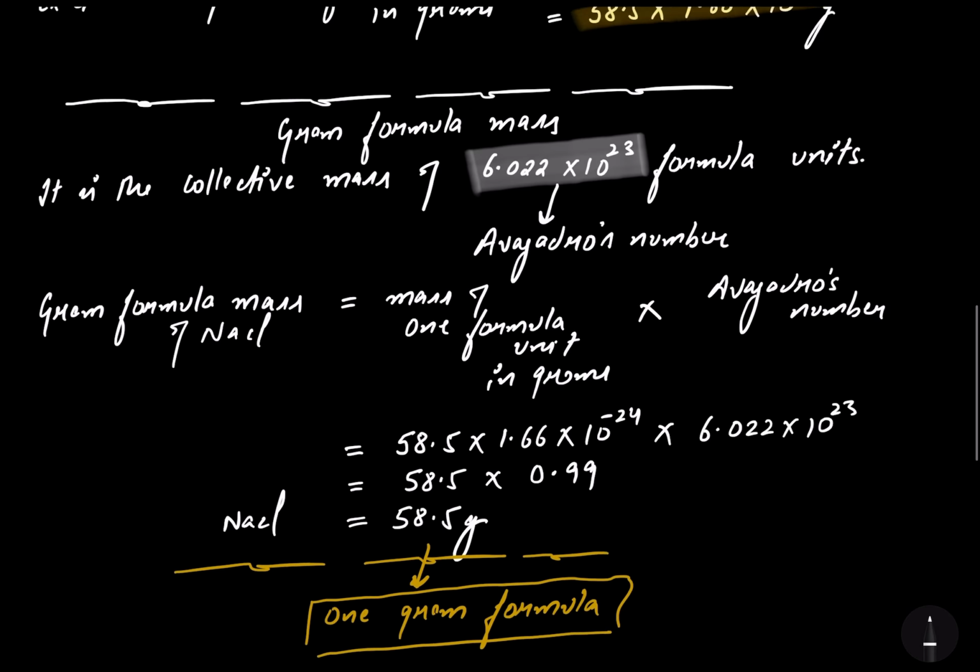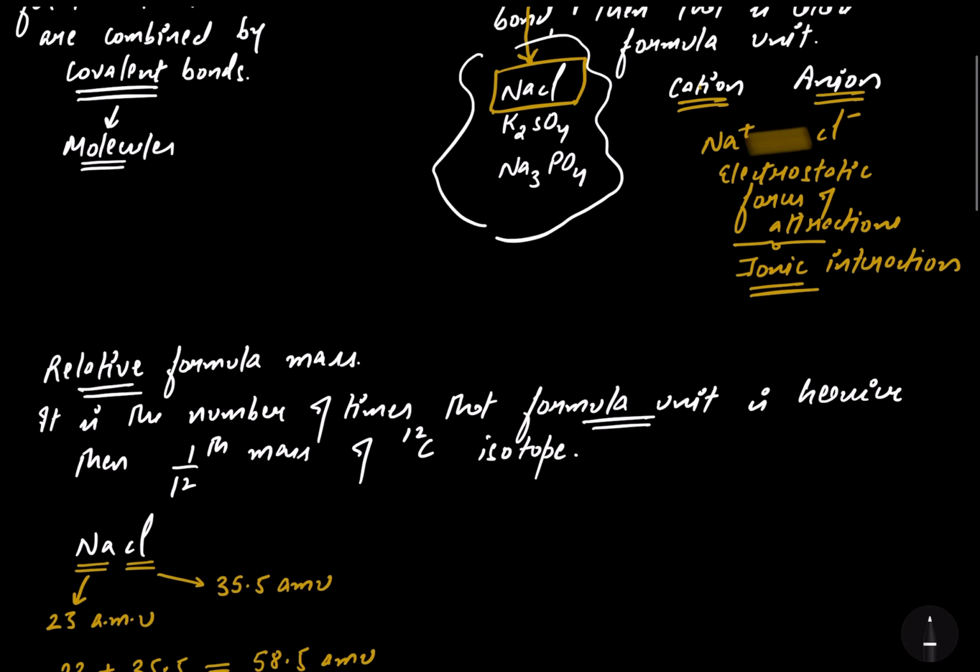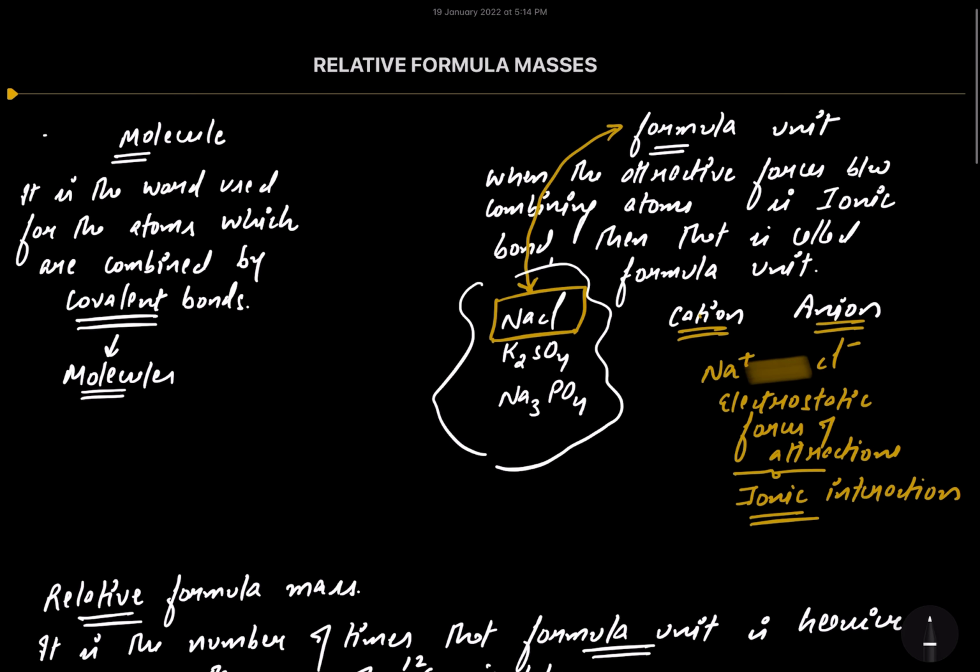So that's all for today. In this lecture video, I have told you about the relative formula mass, and I'm saying it again, my dear students, that relative formula mass, or the word formula mass, comes for the ionic compounds. The ionic compounds are those in which the attractive force between combining atoms is an ionic bond.